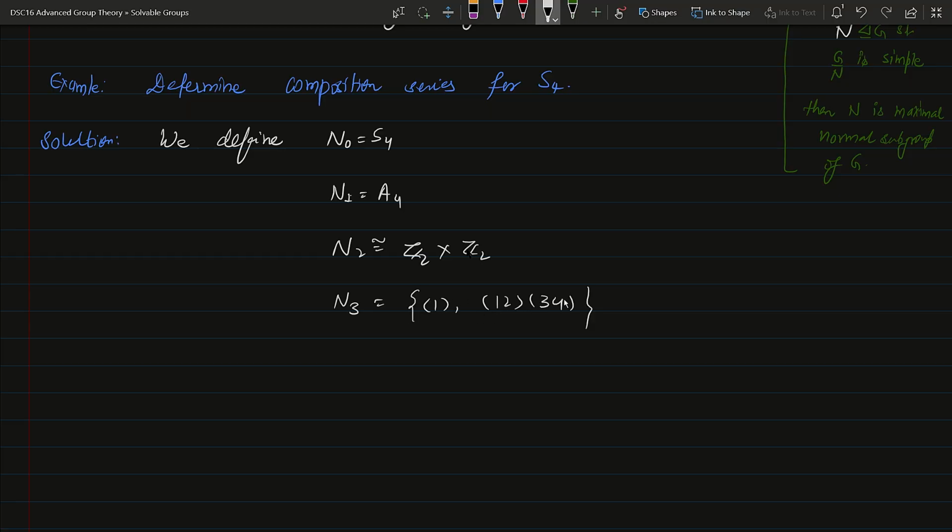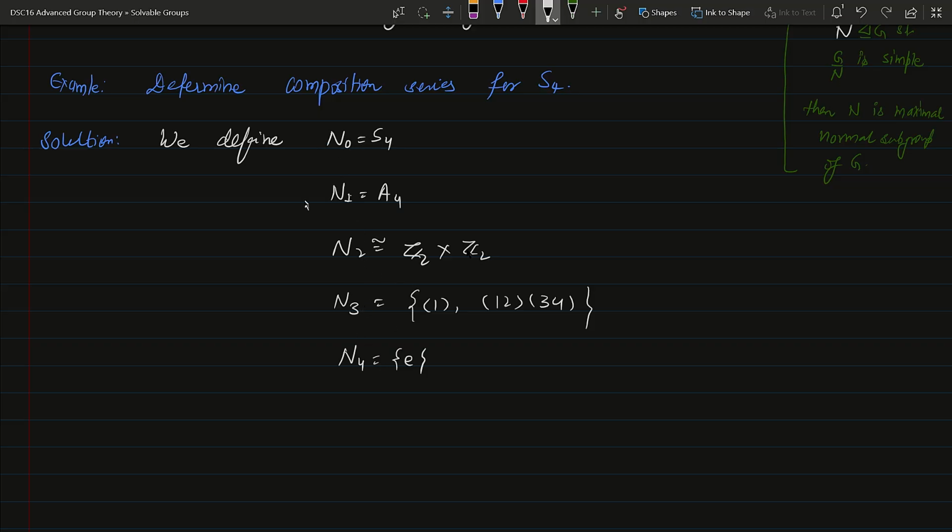So we will have such an N3, as we have the even permutations of order 2. Then we define N4 as identity. If we consider this chain, then you can see that A4 is normal in S4, N2 is normal in A4, N3 is normal in N2 and N4 is normal in N3, right?